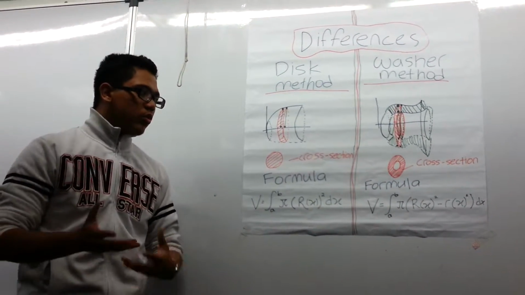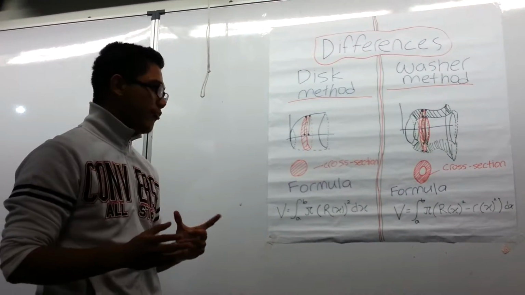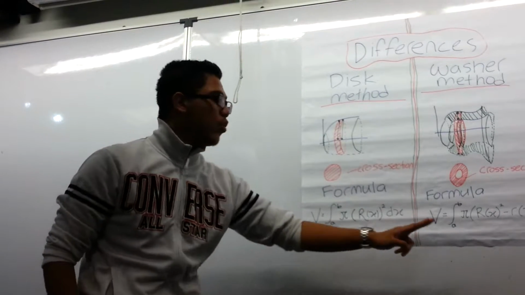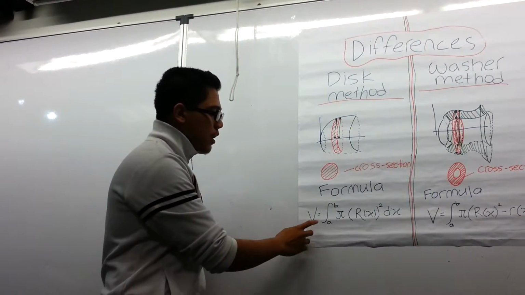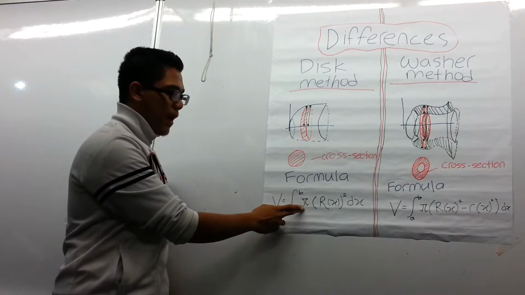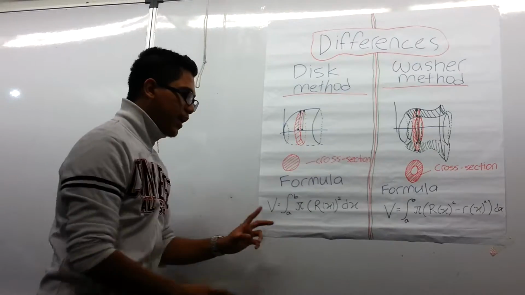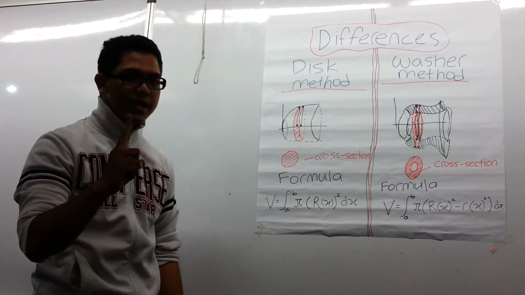Now we look at the difference in the formula between this method and the washer method. The formula for this method is the integral from a to b of pi times the radius squared, with only one radius.